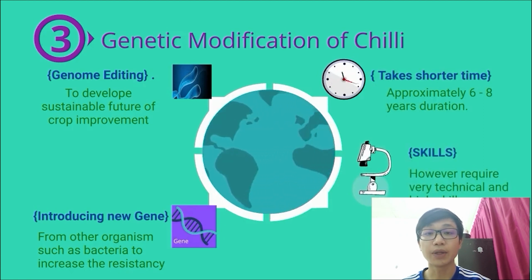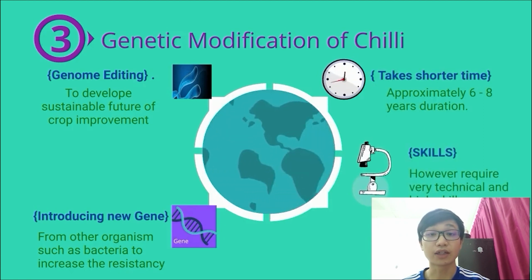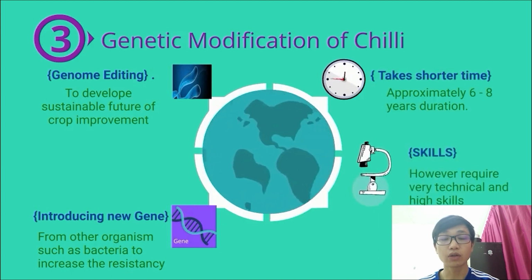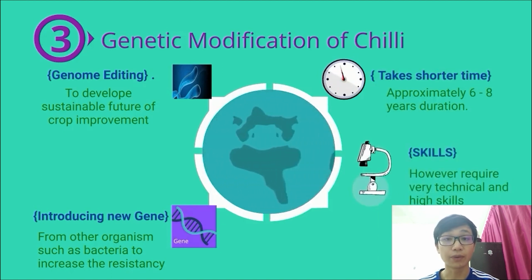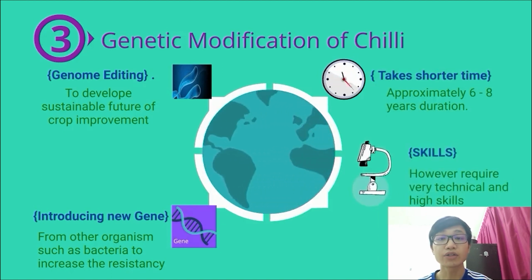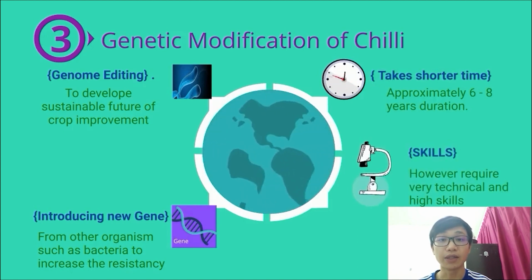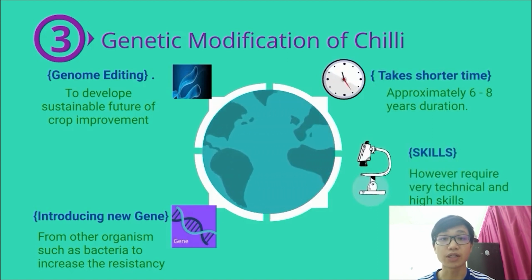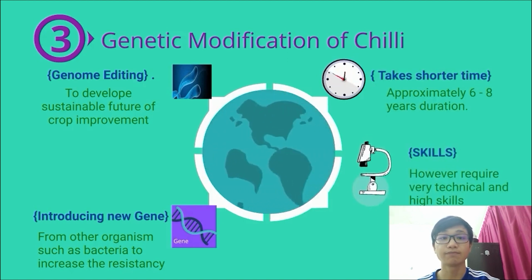Another benefit of genetic modification of the chili crop is that it takes relatively shorter time, approximately 6 to 8 years. However, genetic modification of the plant requires higher skill sets as well as technical ability in order to carry out this process in plant breeding.